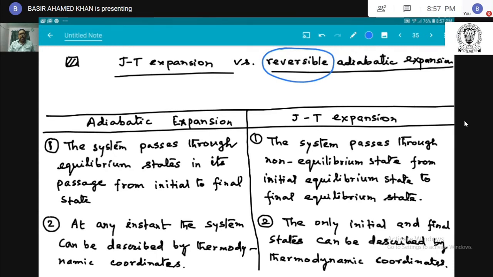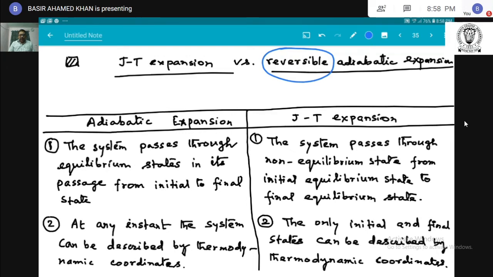But I have already seen that during the Joule-Thomson expansion, the system is in a non-equilibrium state. That means in reversible adiabatic expansion, in every passage of the process, the system is in equilibrium. But in the JT expansion, during the process the state is non-equilibrium. Only the initial and final states are in equilibrium.